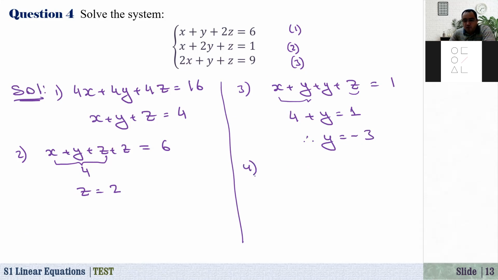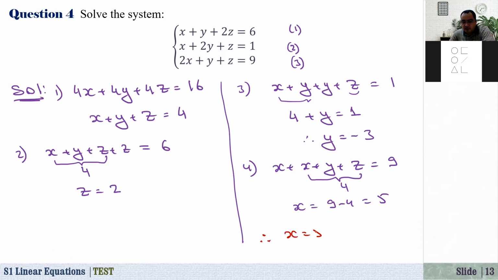And the fourth one, if you just do the same thing for the last equation, 2x, that is x plus y plus z, that's equal to 9. So now from here, x plus y plus z, again, is equal to 4. So x equals 9 minus 4, that's equal to 5. So now the final answer then, x equals 5, y is equal to negative 3, and z is equal to 2. The solution of this system.